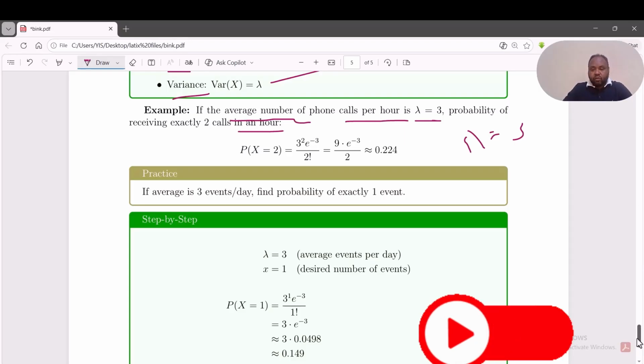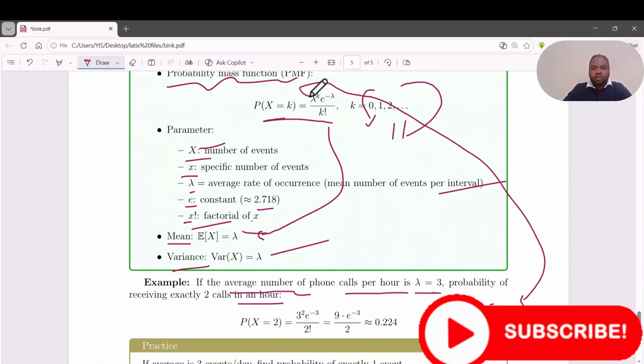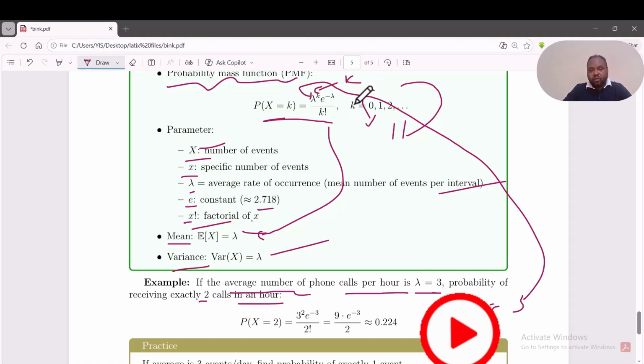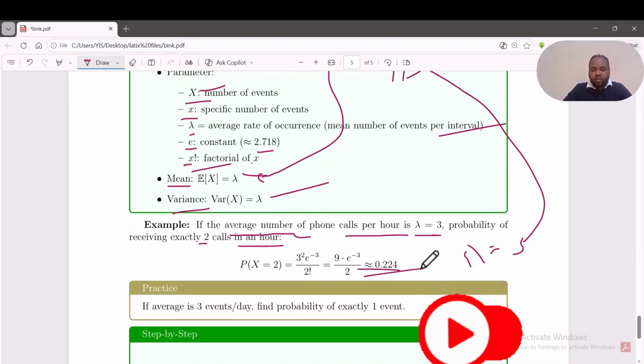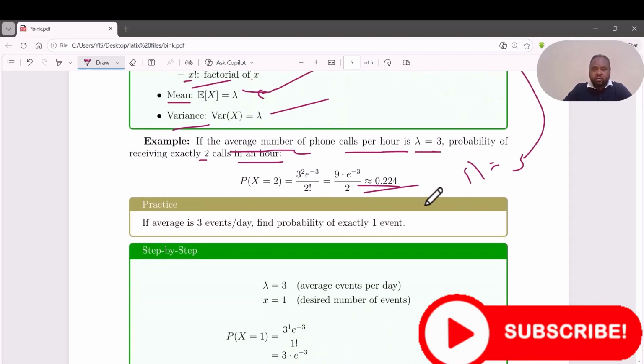We recall this formula. Lambda is 3, and exactly 2 is k. Everything else is known. Therefore, after substitution, we come up with this result for the probability of X equals 2.